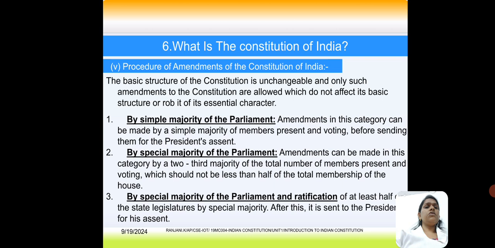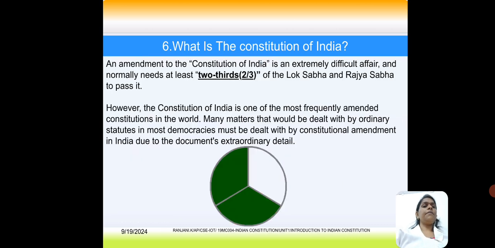Only amendments that do not affect the basic structure are allowed. An amendment can be made by a simple majority of the members of Parliament present and voting, before sending it to the President, or by a special majority of Parliament. A special majority means two-thirds of the members present and voting, and ratification by at least half of the state legislatures by special majority. So that is two-thirds from Lok Sabha and Rajya Sabha to pass it.